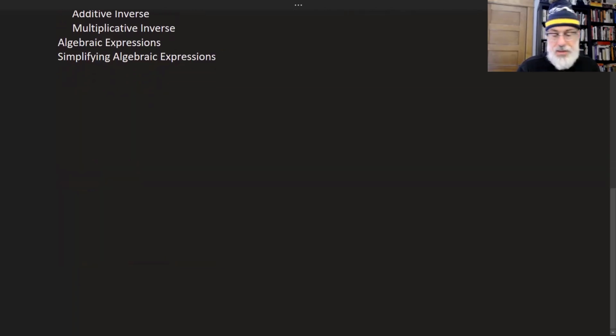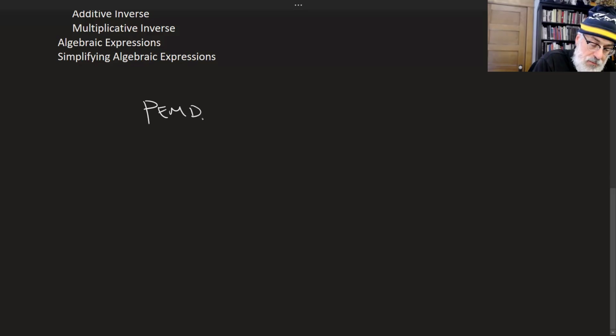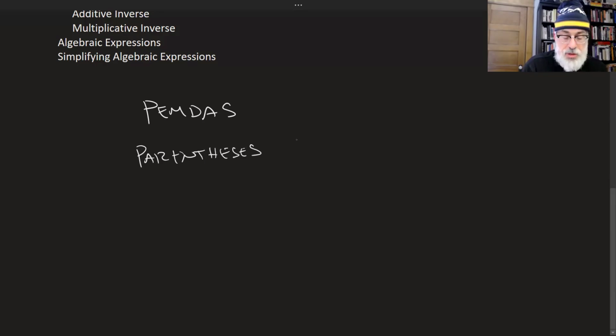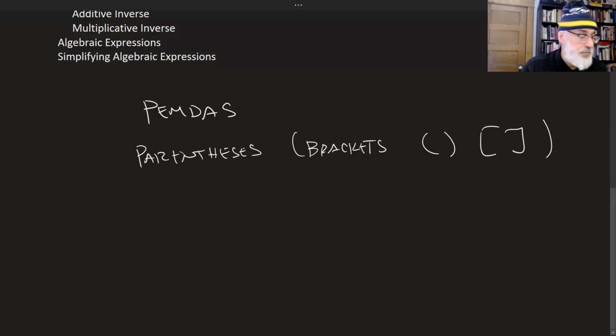So this mnemonic that most of you have probably heard, the PEMDAS. In the PEMDAS, we have the parentheses. We can also think of them as brackets. They will be like that.